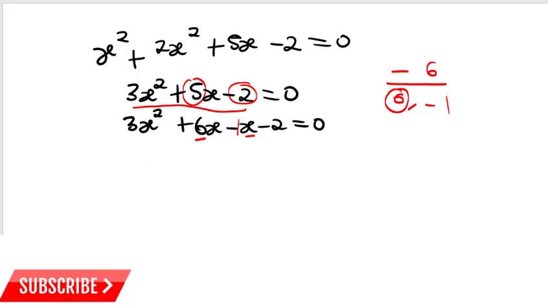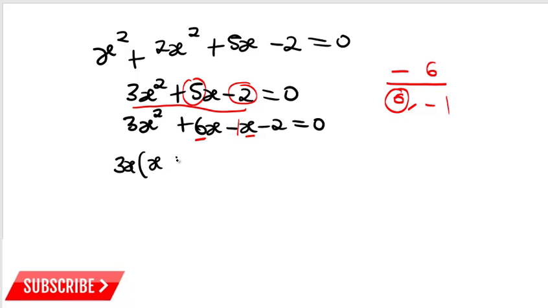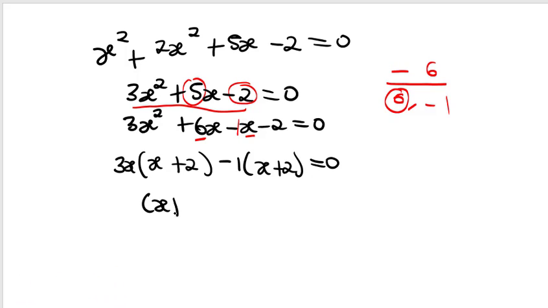The common factor there is 3x. So we have our 3x, we open bracket, we have x plus 2, we have minus 1 times x plus 2, and this is equal to 0. So this is going to give us x plus 2, times 3x minus 1, and that is equal to 0.